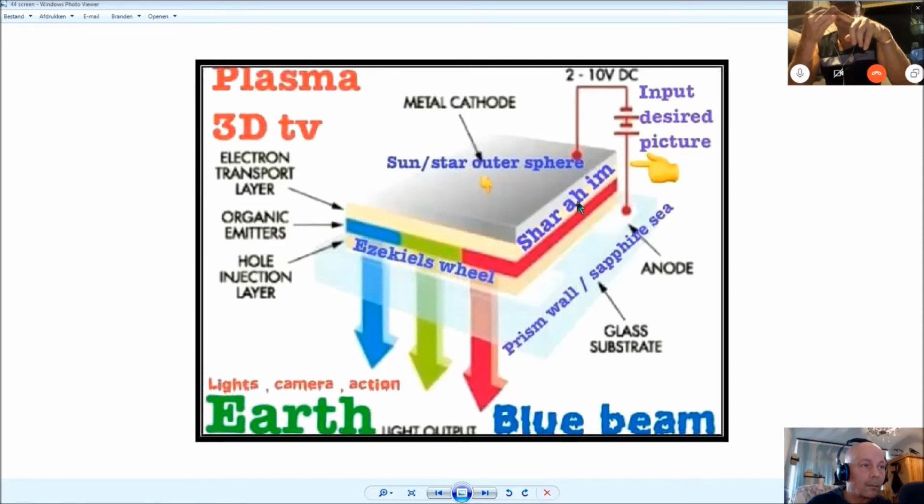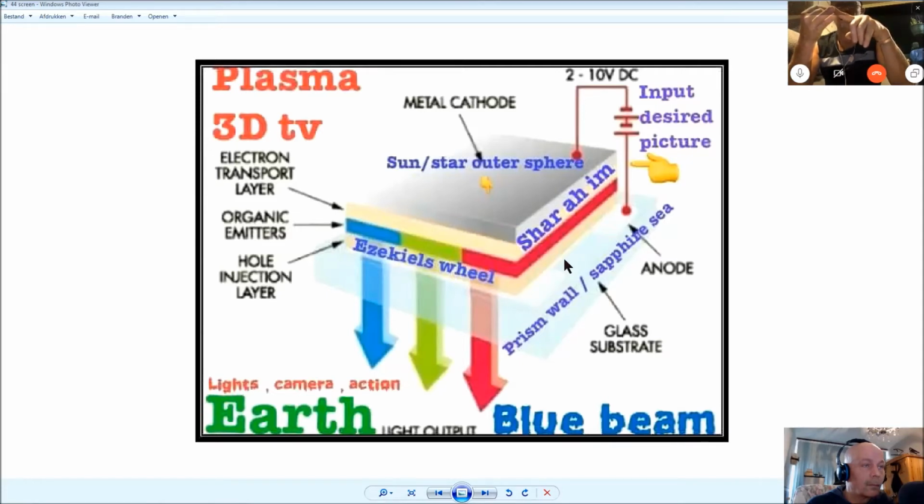That is outside our prism and inside the circle of the Earth, inside the star circumference, what I have called the celestial sphere. So the Sha'a'im is between our sky on the outside and the inside of the sphere.